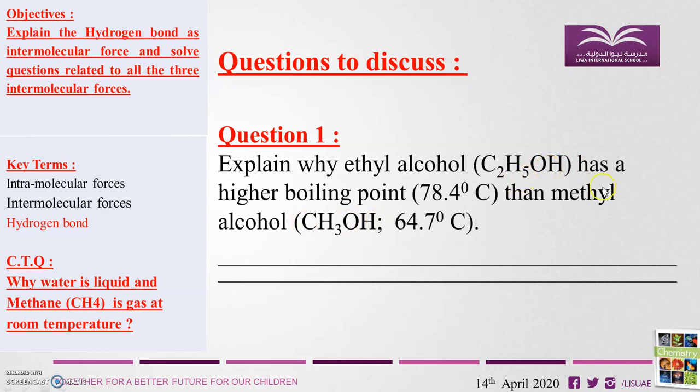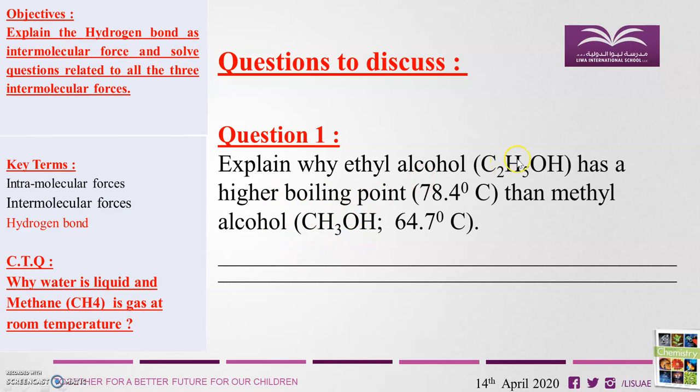Here also, I have methyl alcohol. Methyl alcohol also has OH, so it will again form a hydrogen bond. So both of them will form a hydrogen bond, so both will have strong attraction, so both will have a high boiling point. But why does this one have a higher boiling point than this one?